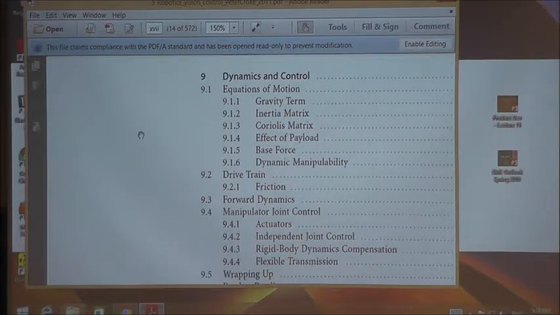And in the dynamics portion, you remember that we used the Newton-Euler and Euler-Lagrange equations to create a differential equation which shows the dynamic behavior of a manipulator robot, where the control variables are forces and torques, and the state variables are joint angle, joint velocity, even perhaps acceleration and so forth.